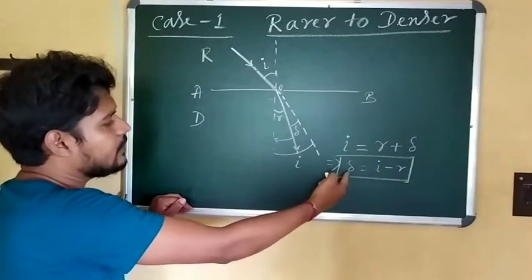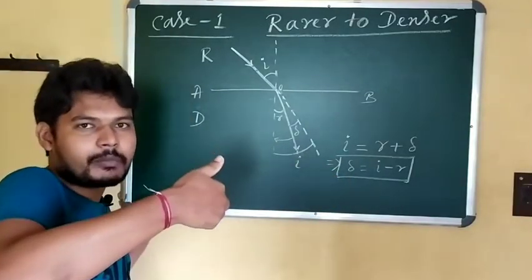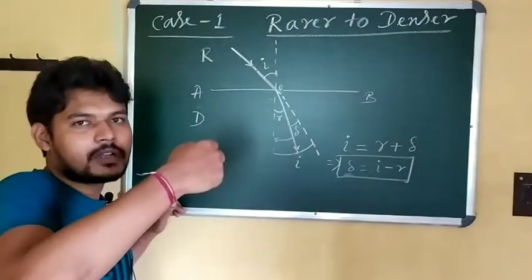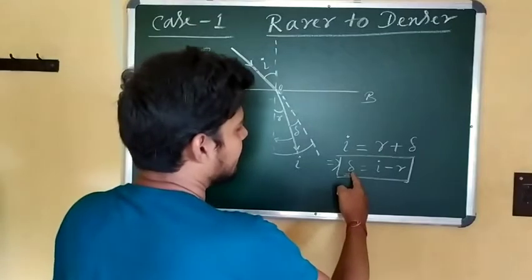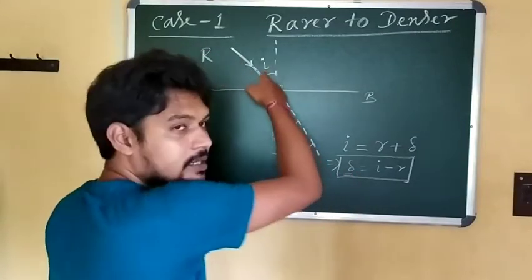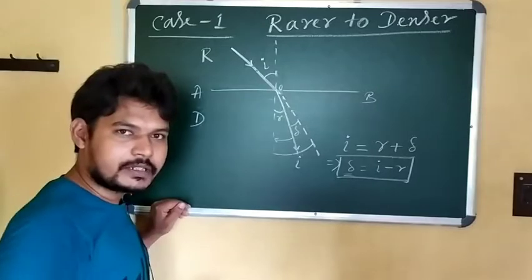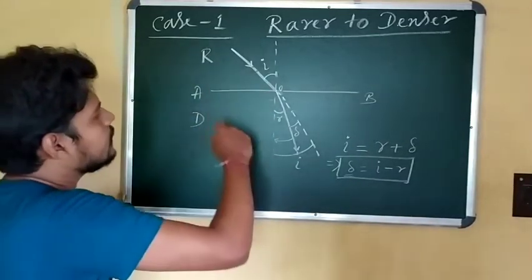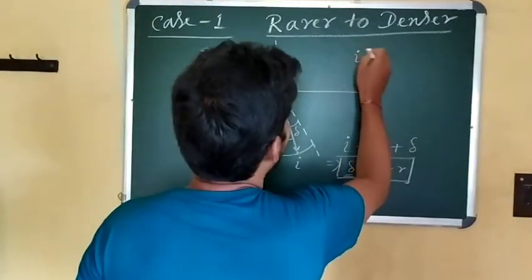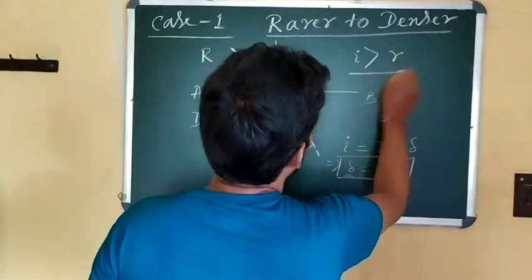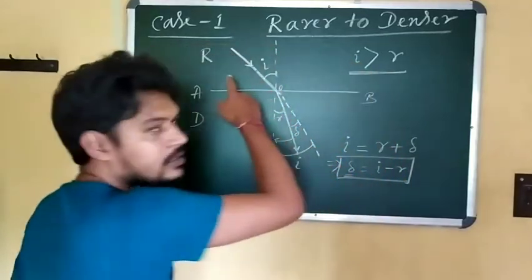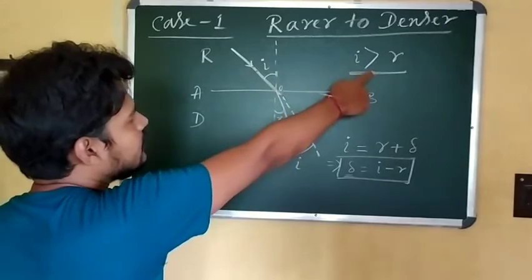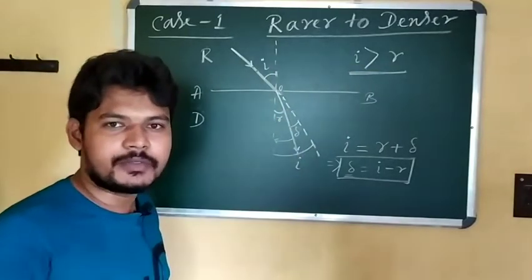Angle of deviation means how much it shifts towards the normal. So the angle of deviation delta equals angle of incidence minus angle of refraction. In this case, the angle of incidence I is greater than R. Always, when light travels from rarer to denser medium, the angle of incidence is greater than the angle of refraction.